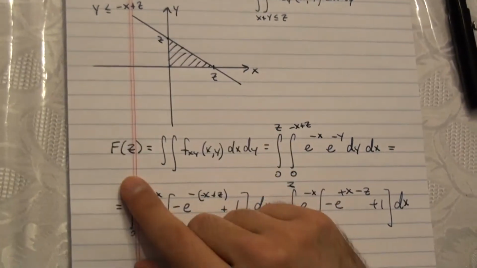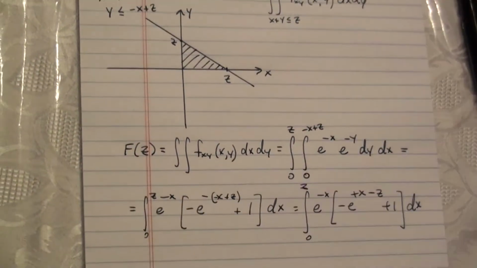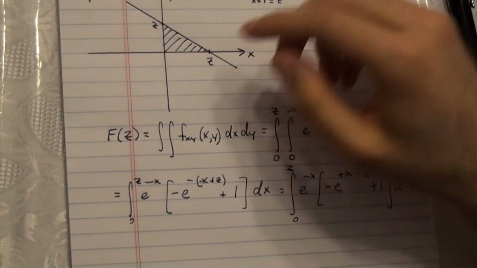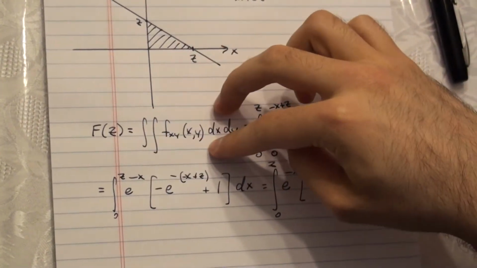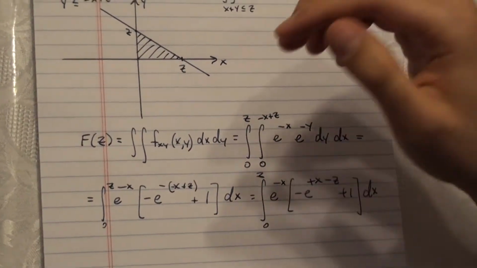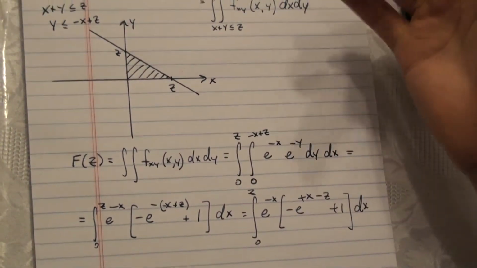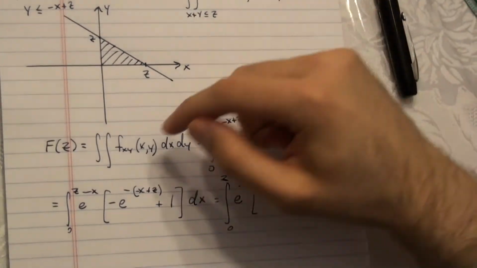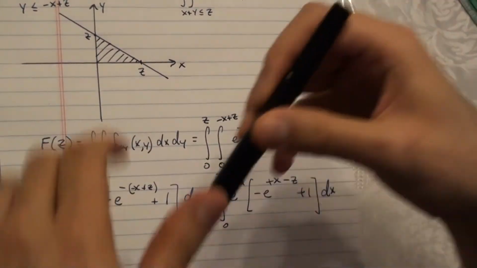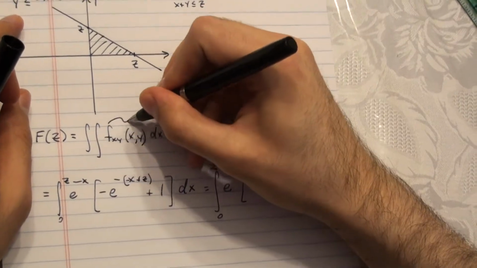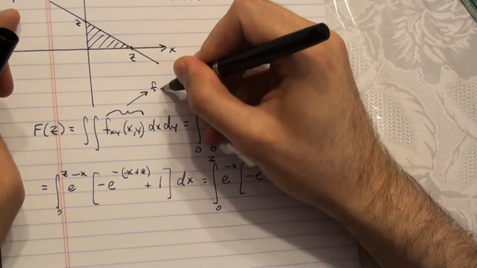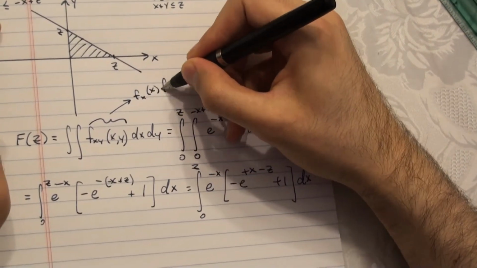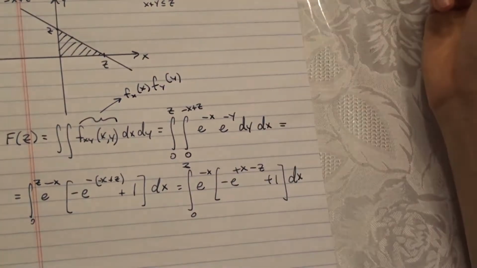So now we come down here to find big F of z, so we can ultimately find little f of z. Big F of z is just this integral, as we wrote before, but because x and y are identical independent random variables, we can split it up, so this becomes little f of x times little f of y of y.